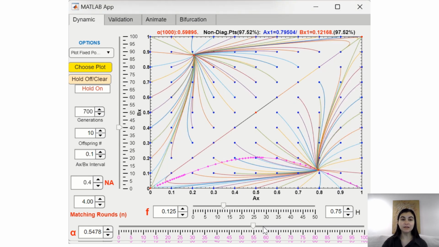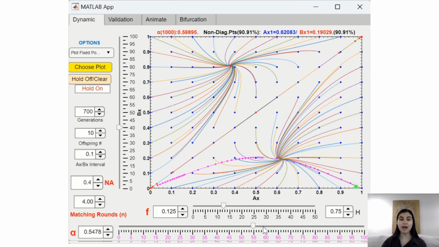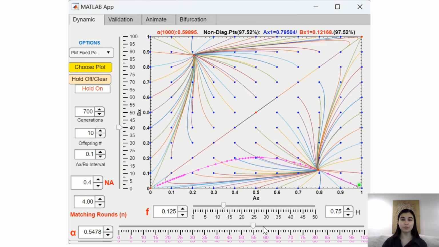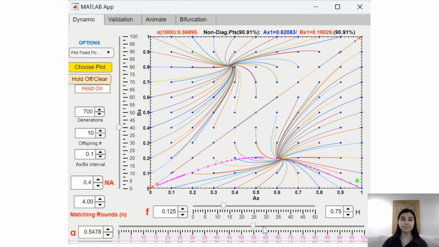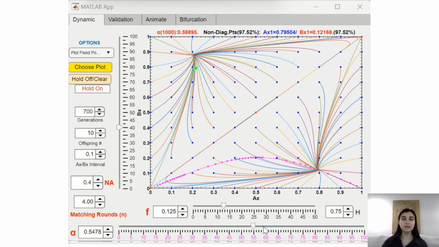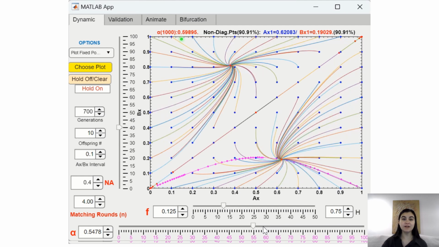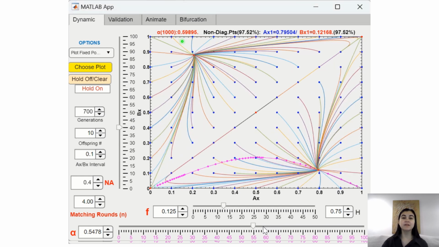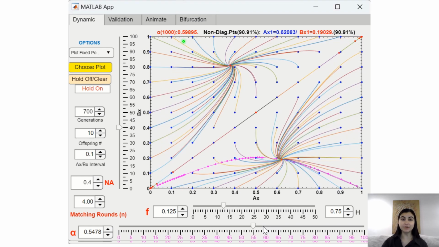For alpha equals 0, we will start at point AX equals 1 and BX equals 0. As we increase alpha, the fixed point will continue across the curved line until alpha reaches the value here, 0.59895. Above this value, no fixed point is possible and the system becomes divergent.